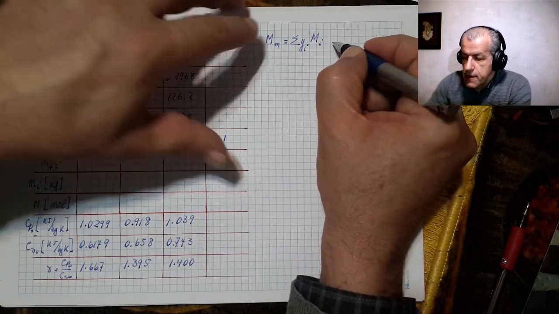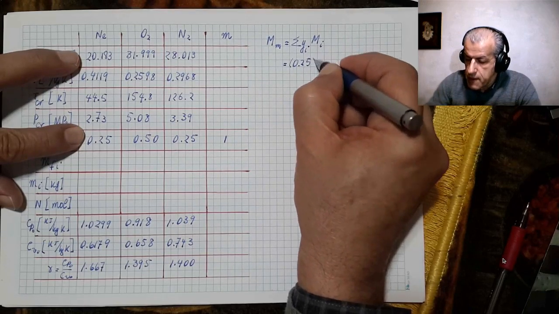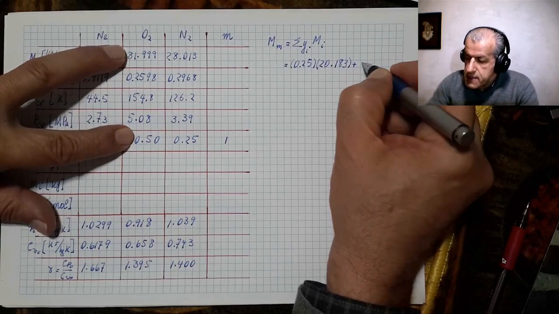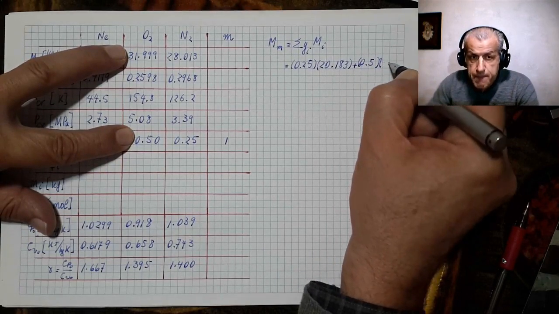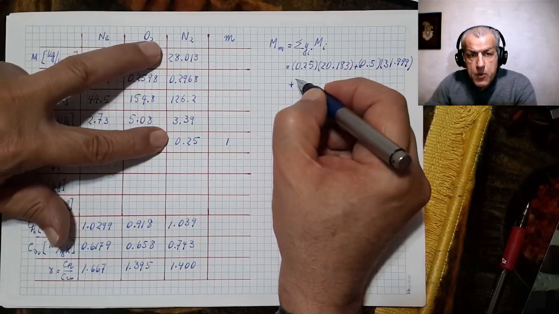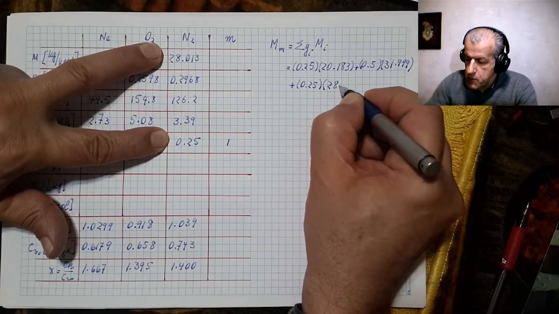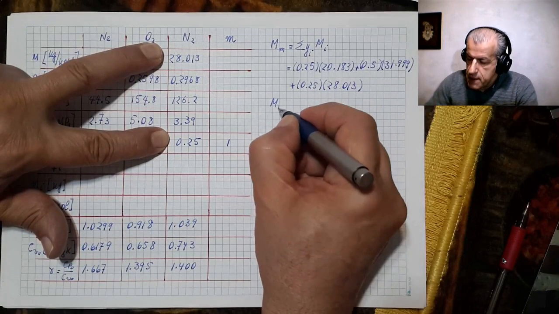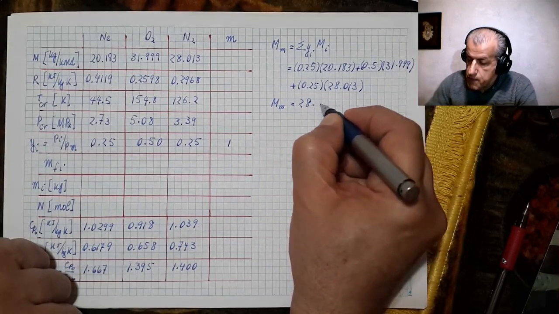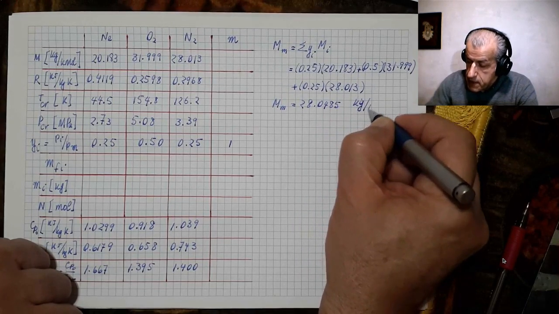So the equation would be 0.25 times 20.183 plus 0.5 times 31.999 plus 0.25 times 28.013, and the equivalent molar mass of the mixture would be 28.0485 kilogram per kilomole.